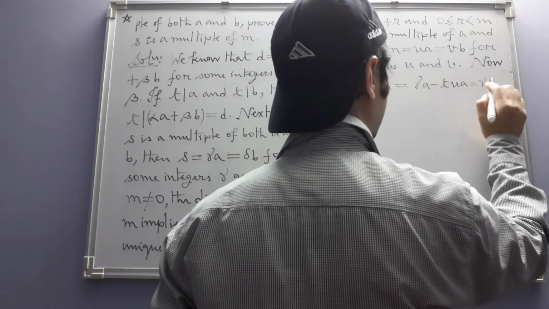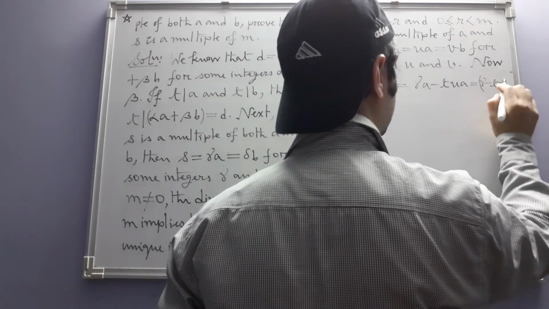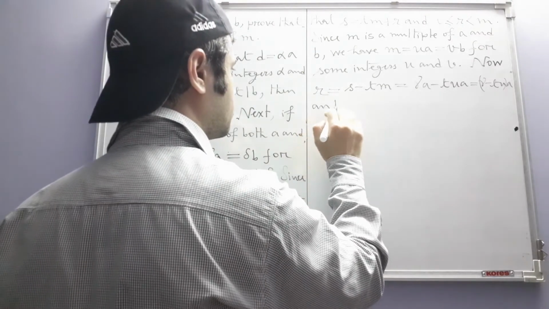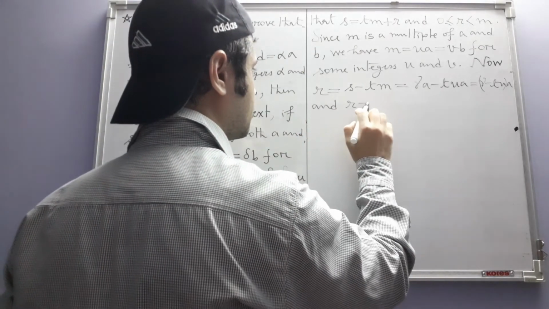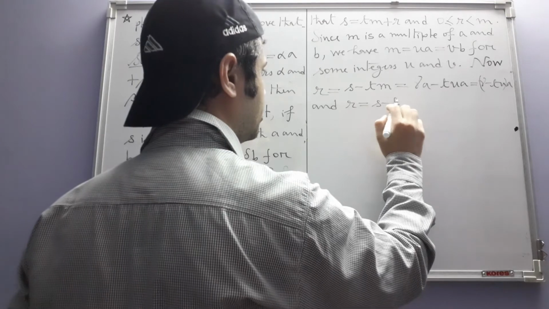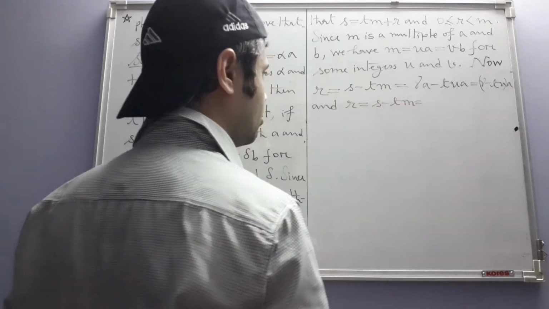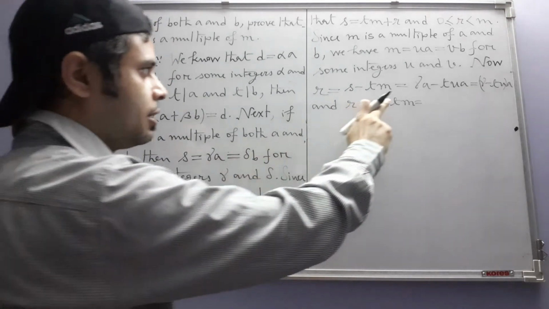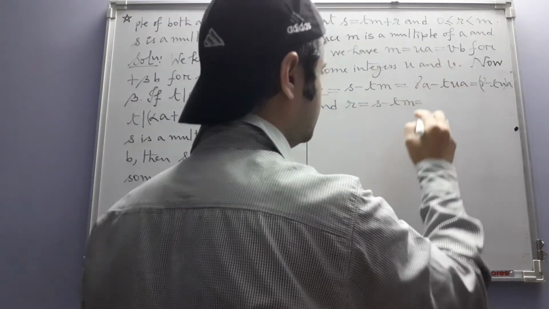This is equal to gamma minus Pu times A, and at the same time, on the other hand, S is also equal to delta B and M is vB.